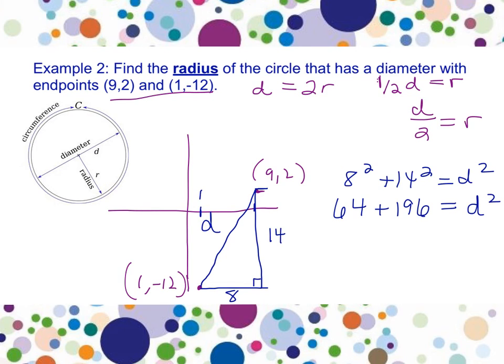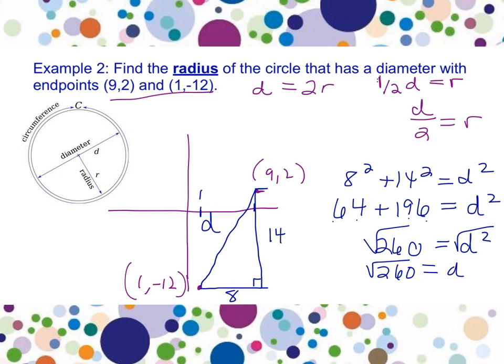All right, so 196 plus 64: 6 plus 4 makes 10, so we carry the 1 over. Then 9 plus 6 plus 1 is 16, carry the 1 over. 1 plus 1 is 2, so we should get 260 is our diameter squared. So by taking the square root of both sides, I get my diameter. So my diameter is the square root of 260.